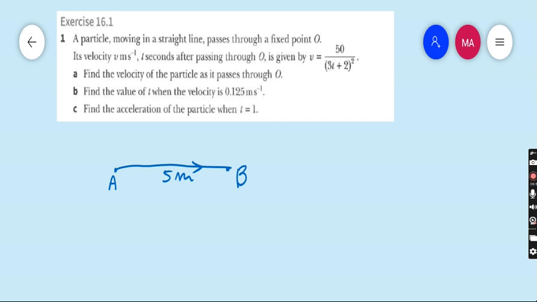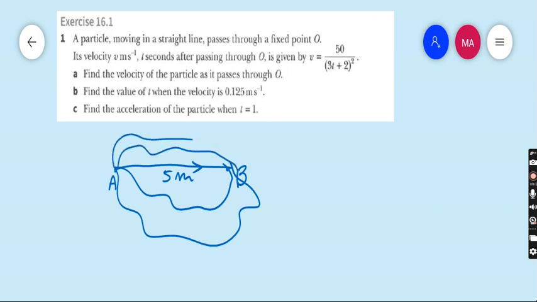But how many ways are there to go from A to B? There are so many ways. There are 1,000 ways to go from A to B. But the shortest way is a straight line. So this straight line represents the displacement, and all other lines represent the distance.